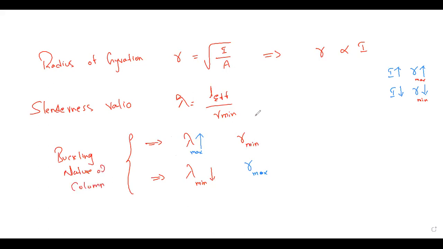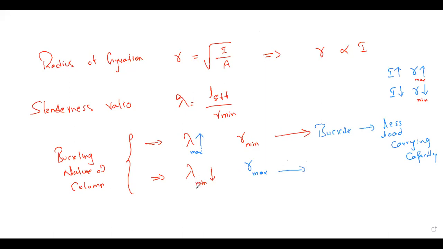So which column will buckle? Here, when R is minimum, your lambda is maximum. When lambda is maximum, obviously the column tends to buckle. Tends to buckle means it will have less load carrying capacity. When R is maximum, your lambda will be minimum.